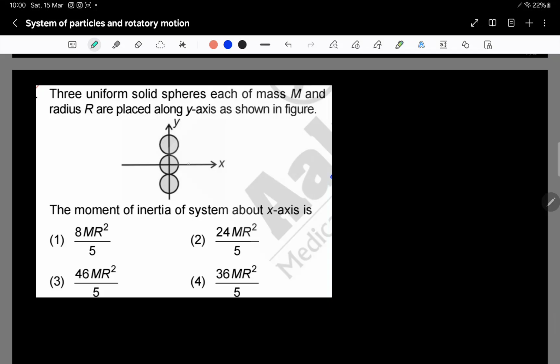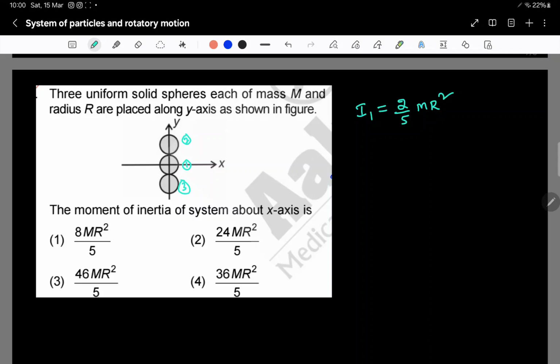Let us consider, for understanding, the first sphere, second sphere, third sphere. The first sphere is along a diameter passing through its center of mass only. What is the moment of inertia of the first sphere? Direct formula, students: 2 by 5 mr square. You know very well, solid sphere. Hollow sphere means 2 by 3 mr square. Disk along the diameter is mr square by 4. Formulas very important.